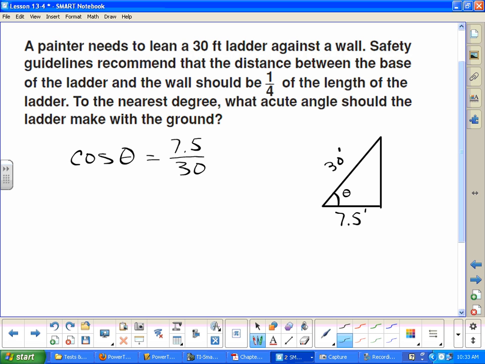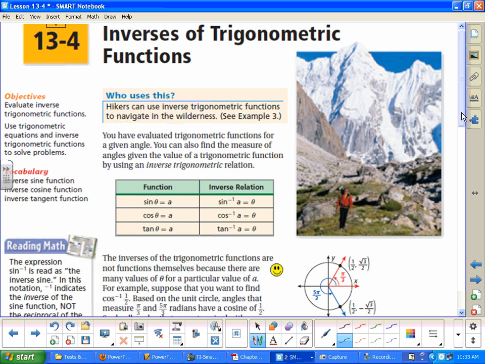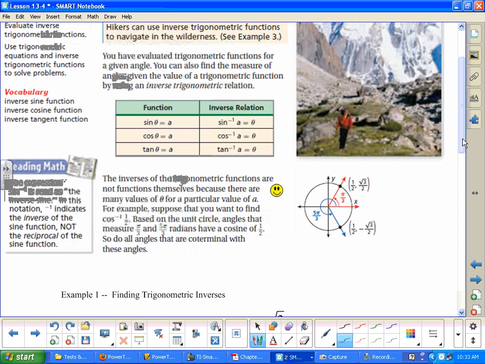All right. So how do I find the angle then? How do I find the angle? No, if I multiply by 30, you can't divide by cosine of theta. Okay. How do I find it? And the key to that is right back here. We have our functions and our inverses.